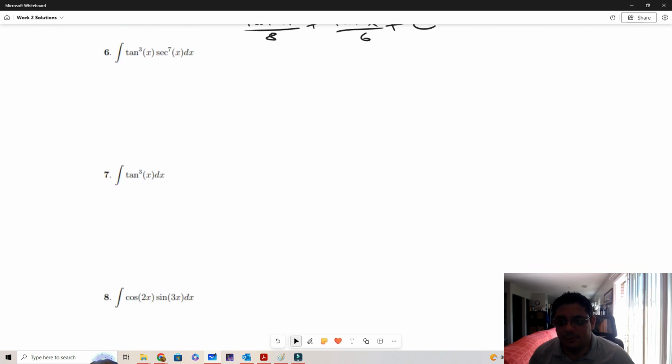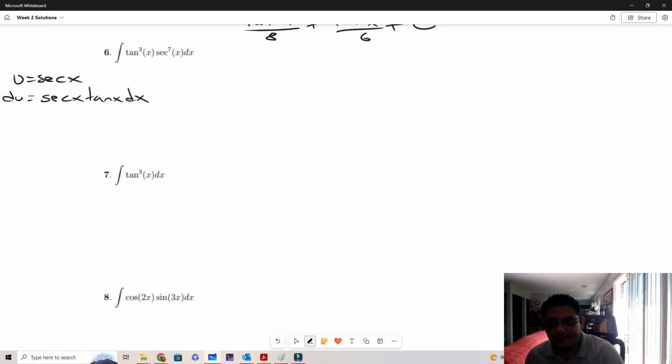But now I'm going to proceed with 6. And so in here I want to do kind of the same thing, but I have a more overpowering secant. I have secant to the 7, so I would like to have u be secant. And then notice that if u is secant, then du is going to be secant times tangent dx.